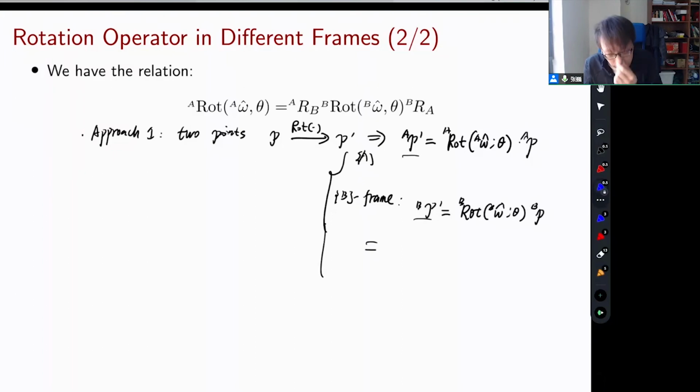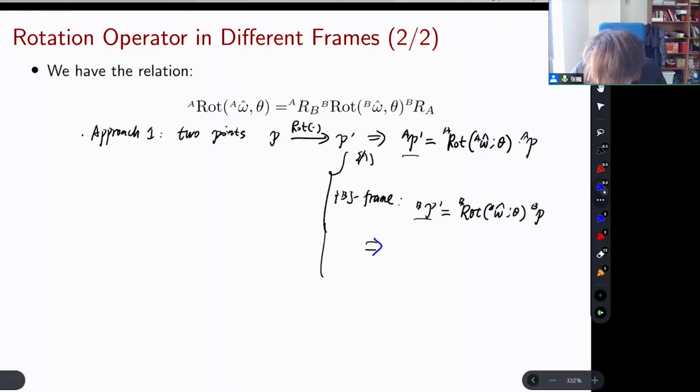The origins are the same, but the orientations are different. So I can conclude R_BA times P prime B will be my P prime A.